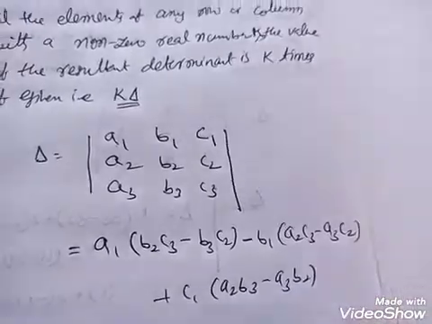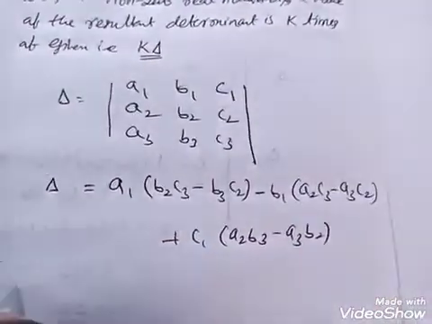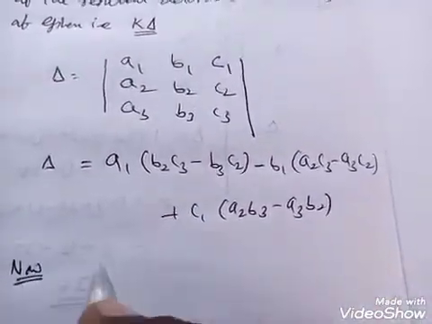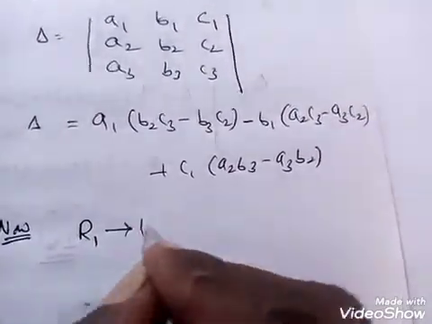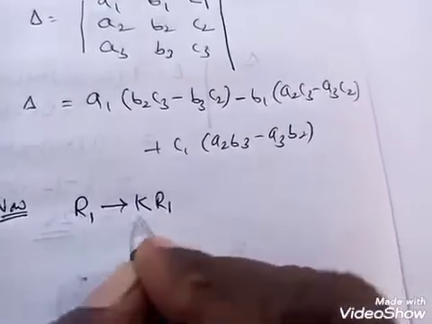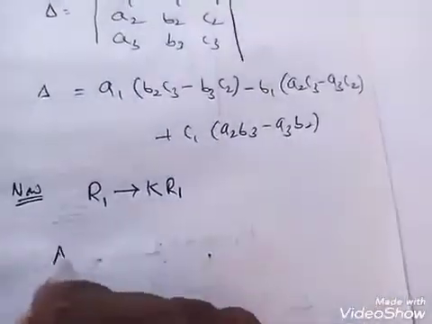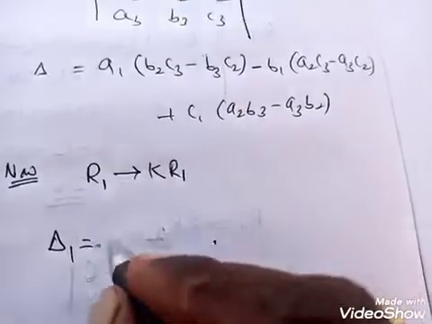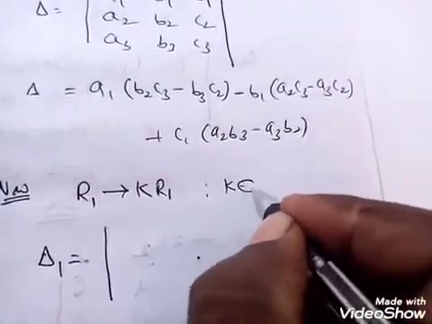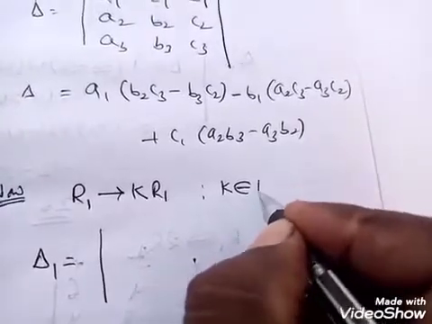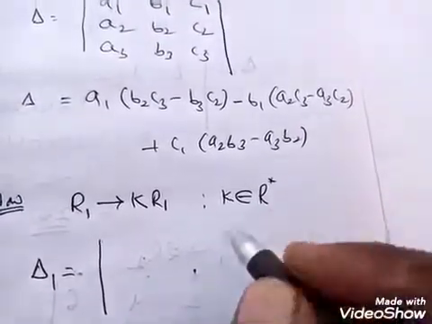This is the determinant. Now, the given determinant: I am multiplying, that is, R1 gives rise to K R1. That means each element of the row is multiplied with K, where K is a non-zero real number.